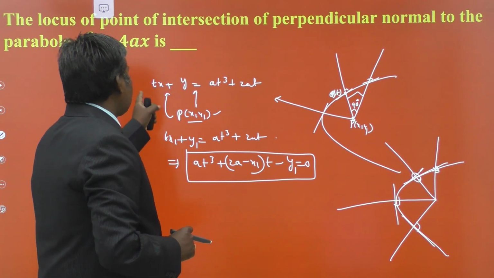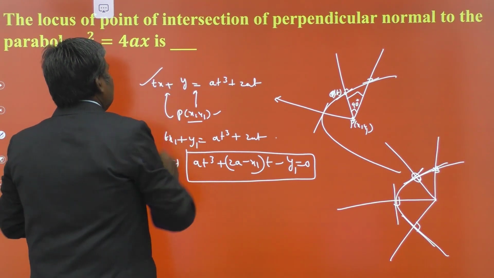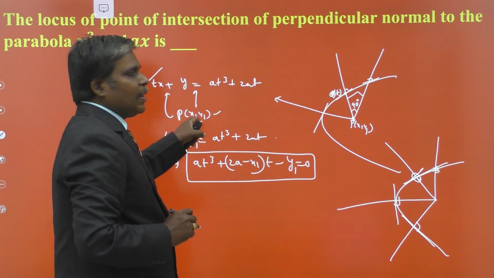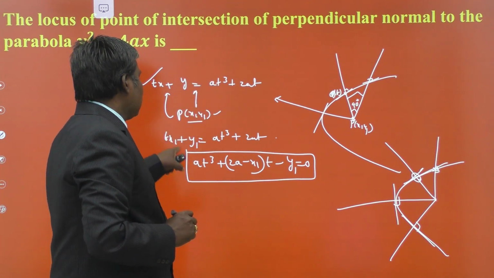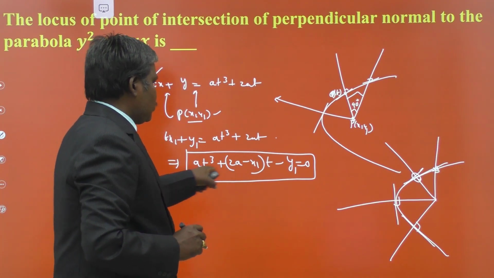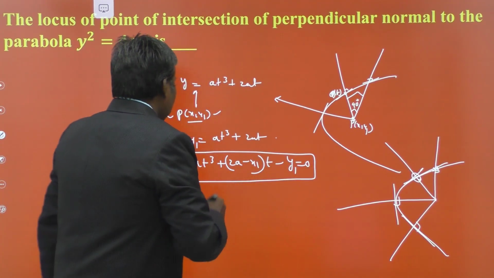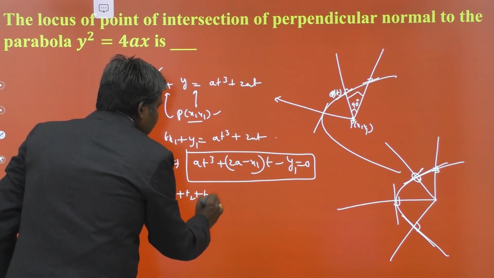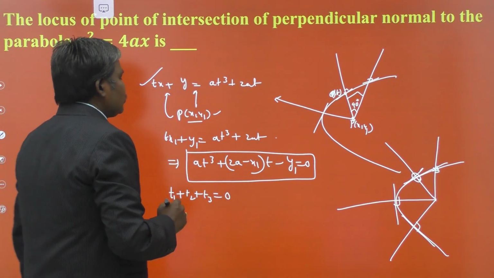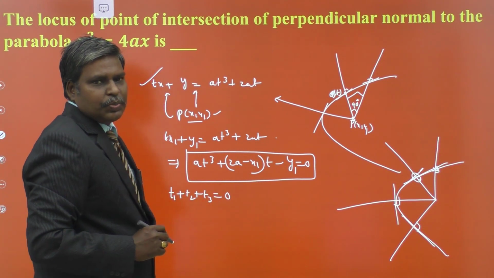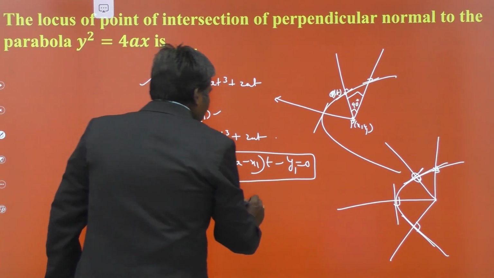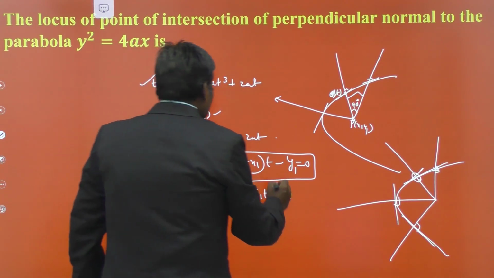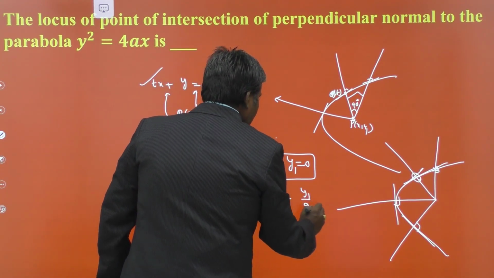So the equation of normal at any point is what? tx + y = at^3 + 2at. If this normal passes through the point, that is on the locus, this is the condition. So it is a cubic equation in t. The sum of the roots is t1 + t2 + t3 = 0, as there is no t^2 term.